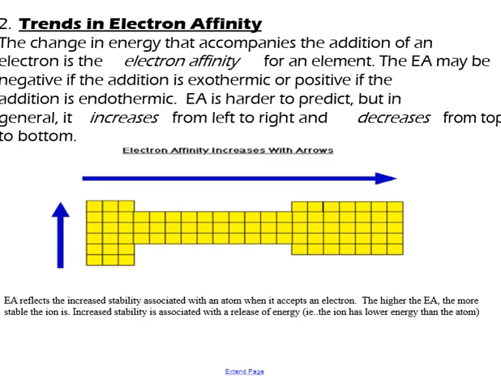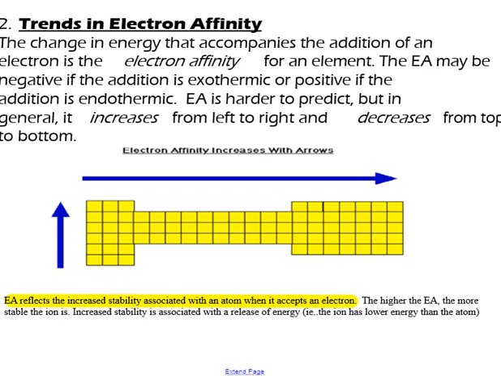The next trend I want to talk about is electron affinity. Electron affinity talks about how the energy in an atom changes when we add an electron. If an electron gets more stable, then we say it has high electron affinity. So electron affinity talks about how much more stable it is. Is it happier, if I could use that term, when we give it an electron?